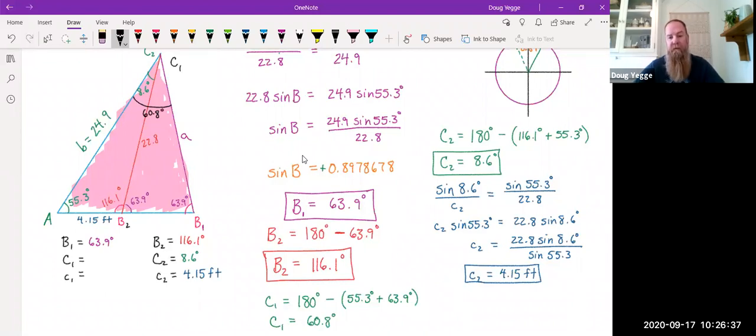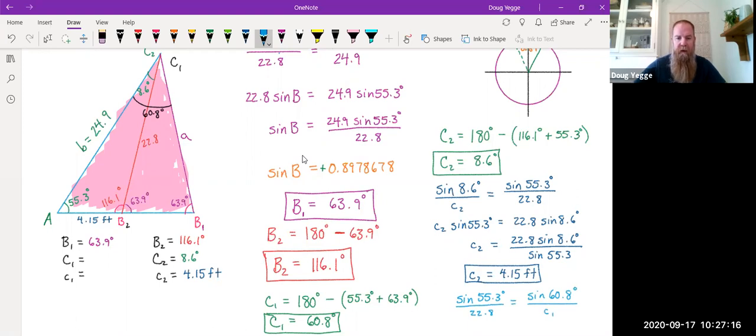Which means the only thing we have left to do is redo our law of sines in order to find our last side. Okay, so there's C1. And so now for length C1, we'll say sine of angle A, which is 55.3 degrees, over its opposite side, which is 22.8 feet. And that's going to be equal to sine of this new angle, 60.8 degrees, over its opposite side.